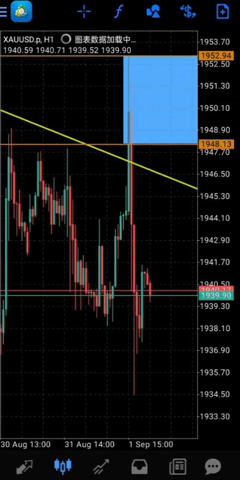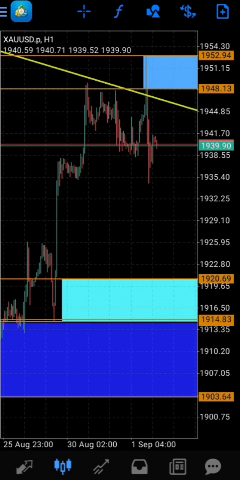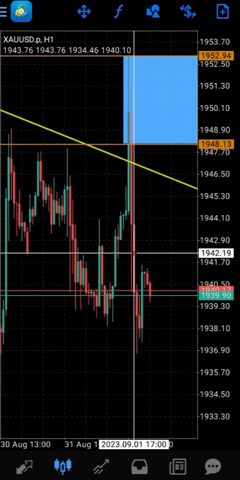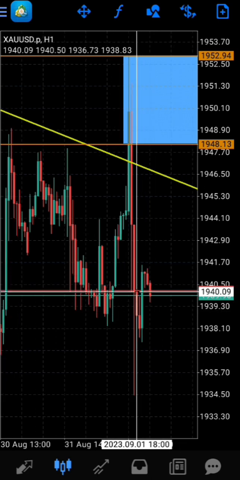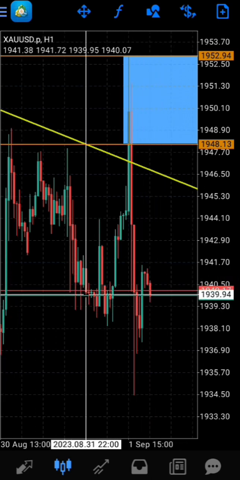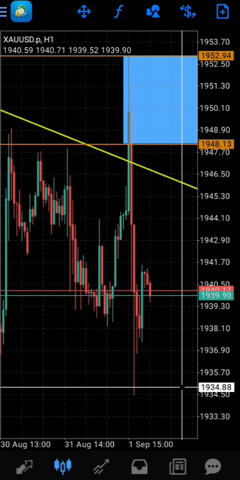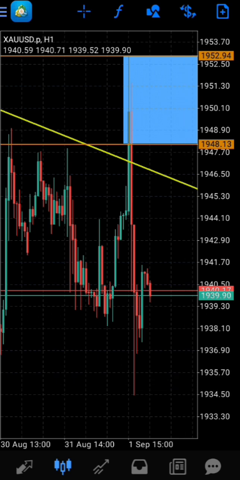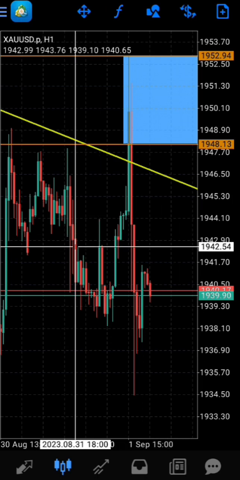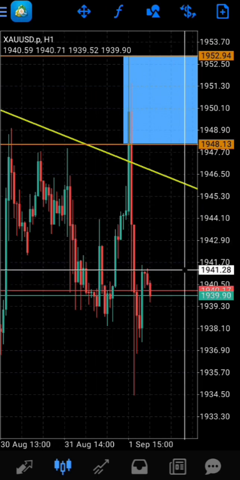Most of the time, because of the super strong sellers, the price can come to take the support that has become resistance here or maybe here, and then the price drops very hard. So in order not to miss the trade, we need to find one more zone below, somewhere around here.